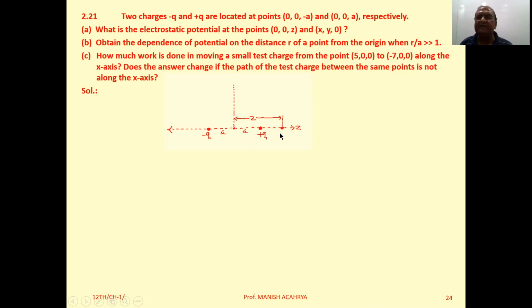To find the resultant potential, simply we can take the potential at that point due to plus q charge, then the potential at that point due to minus q charge. Clear?